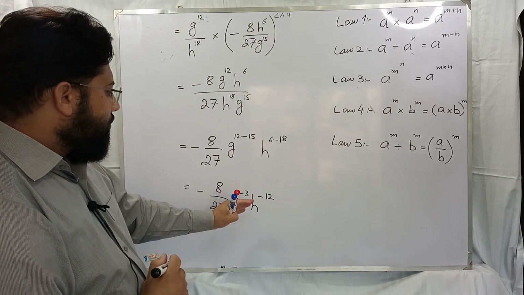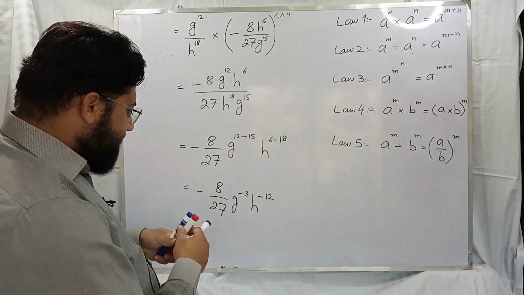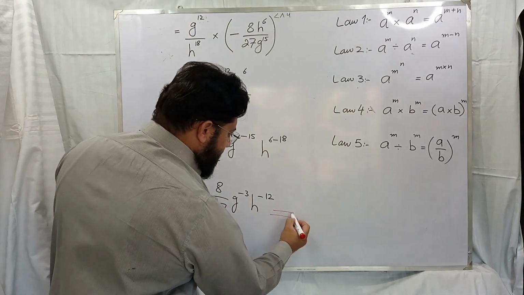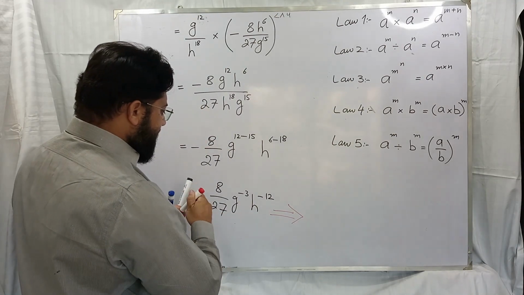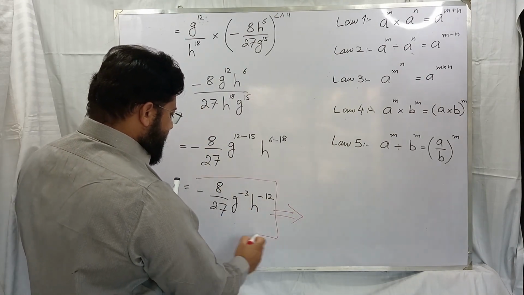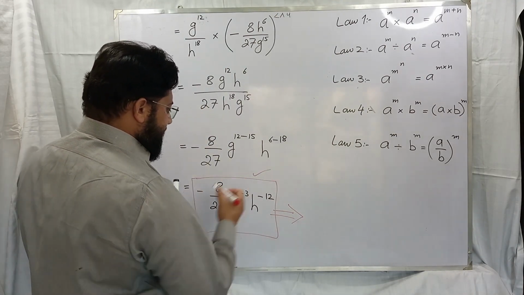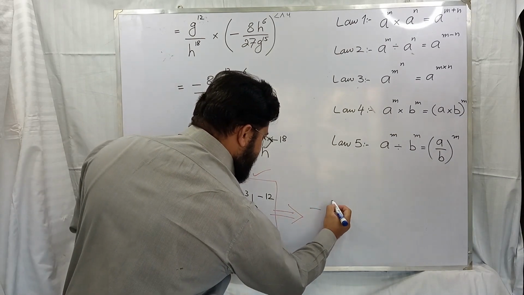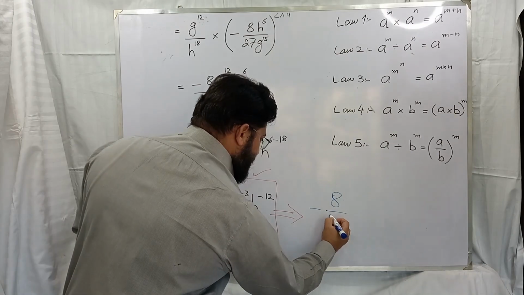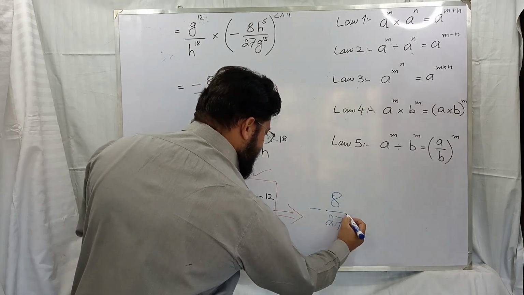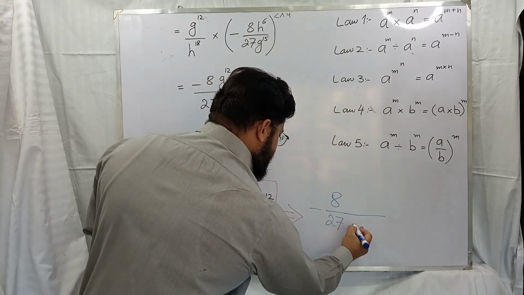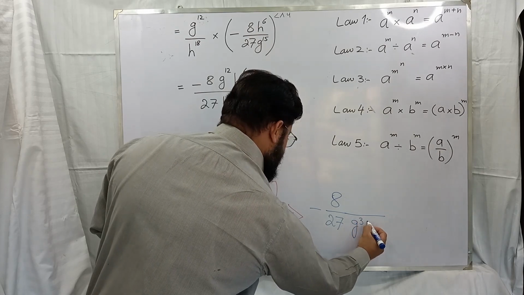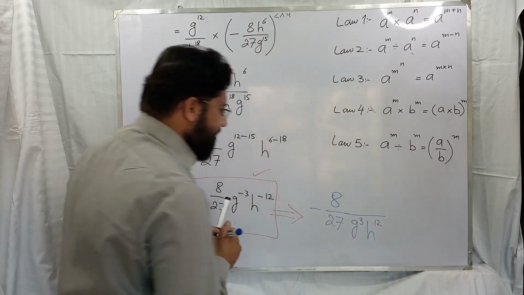If you want to solve it further, the last step could be this. If you just leave the question at this stage, even then it's okay, it's fine. But if you write the last step, it would be minus 8 over 27, g cube h to the power 12.